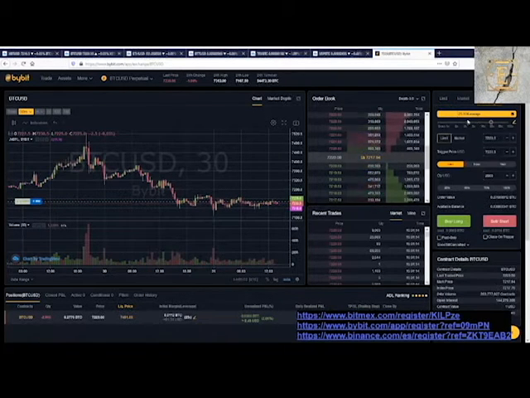Let's use the conditional trigger. 25, trigger 7 to 10, 0.1, conditional trigger limit.